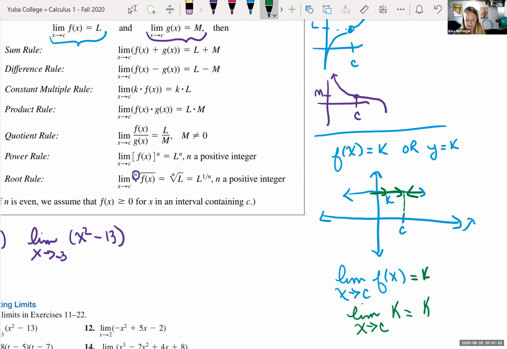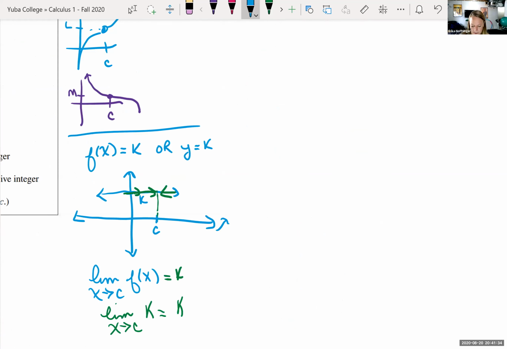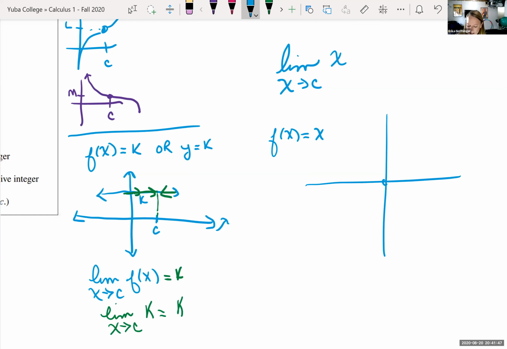The other one that these rules are going to help us with is looking at the graph f of x equals x. So let's look at that real quick before I go over to that example. If I look at the limit as x approaches any value, let's say c, of the function x, well, if you graph that, we know the y-intercept is 0 in the y equals mx plus b form.